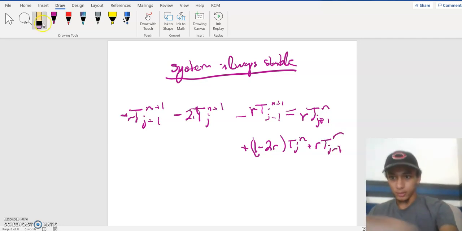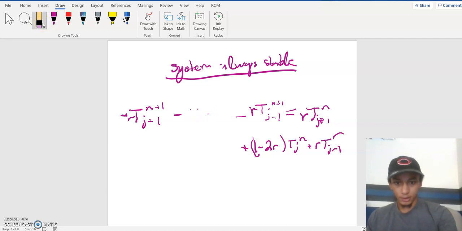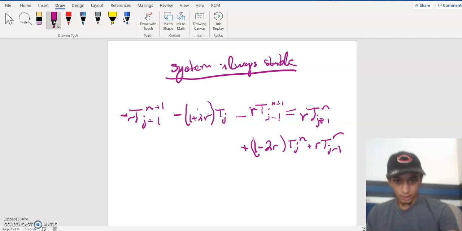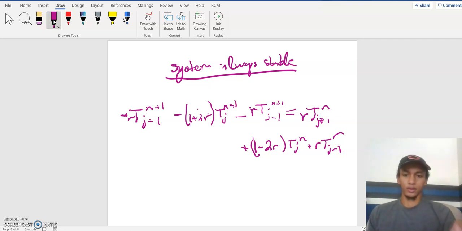So let's see, erase this. I forgot, it's 1 plus 2r, T, j, n plus 1. So this is what we're going to use as the function that we're going to do in the coding part.